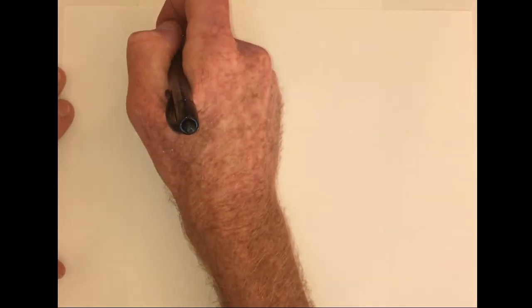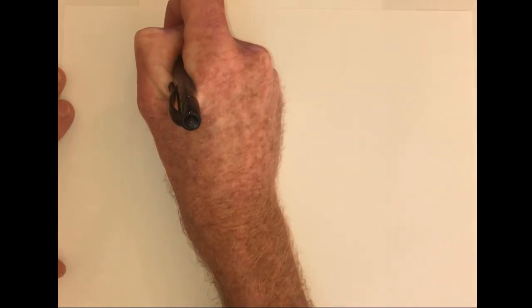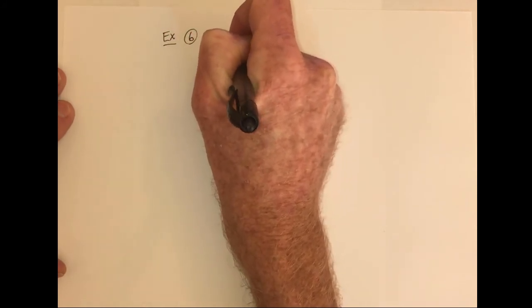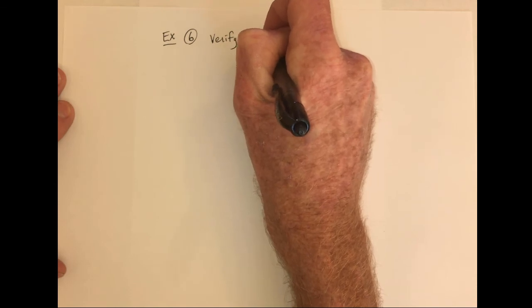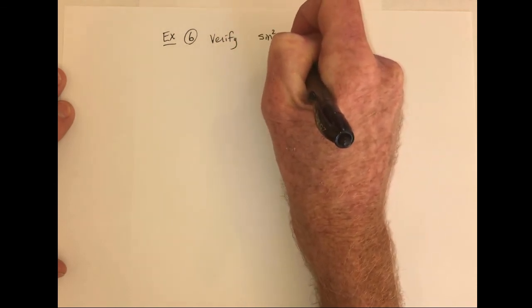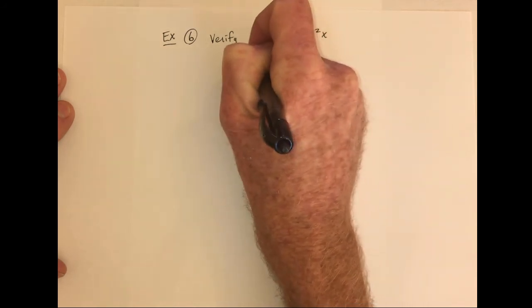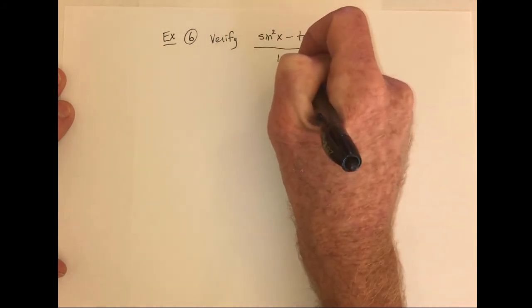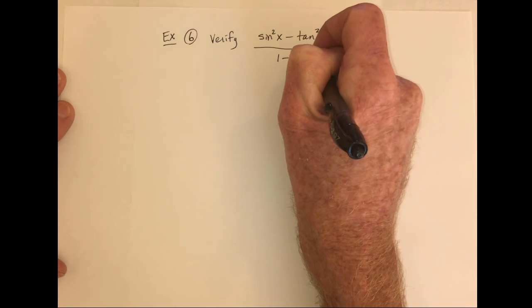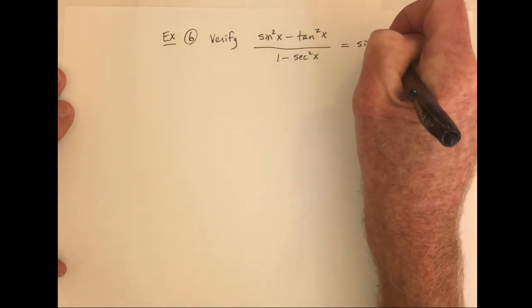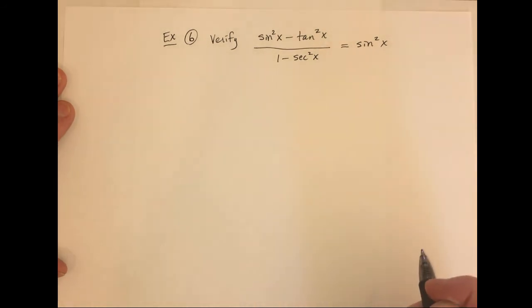And that is verifying a trig identity. So for example number 6, verify that sine squared of x minus tangent squared of x divided by 1 minus secant squared of x, all of that could be reduced to just be sine squared of x.